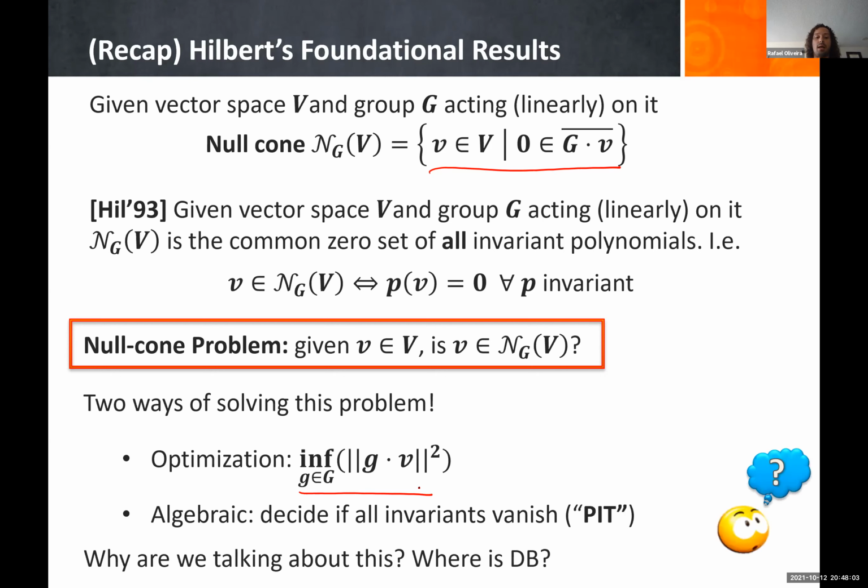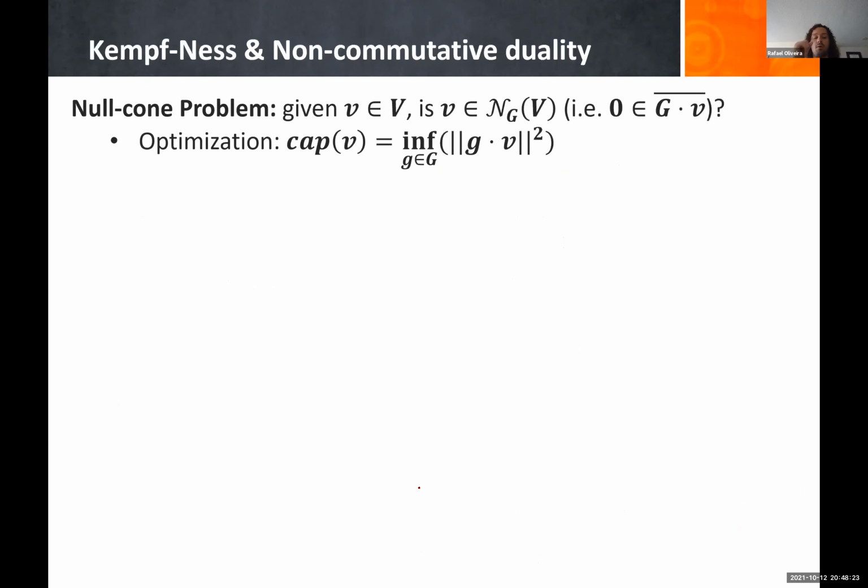So why are we talking about this? Where is doubly balanced coming from? Somehow there's something about the norm. We could see that the algorithm is decreasing the norm all the time if the doubly balanced norm is big. Now here we come to Ramada's talks, if we look at this optimization viewpoint.